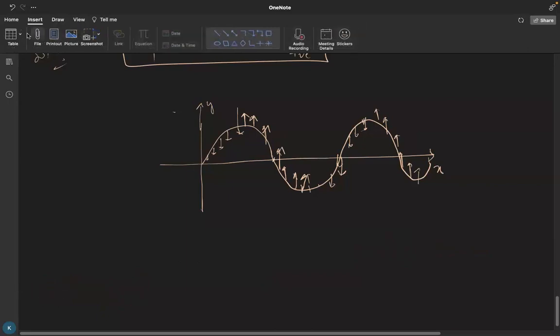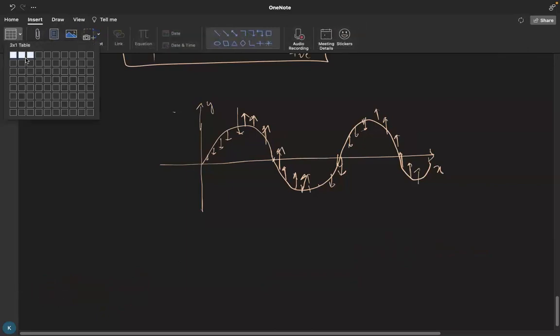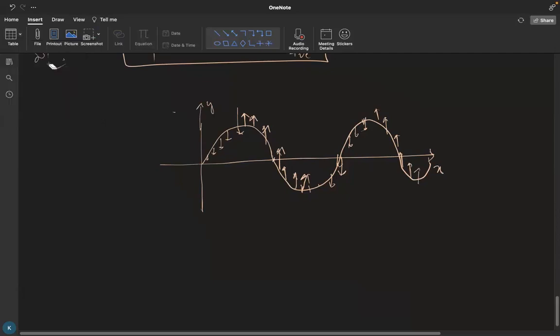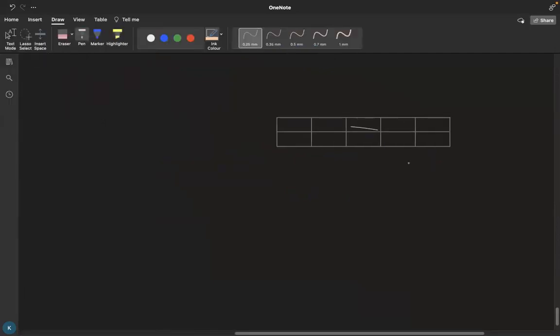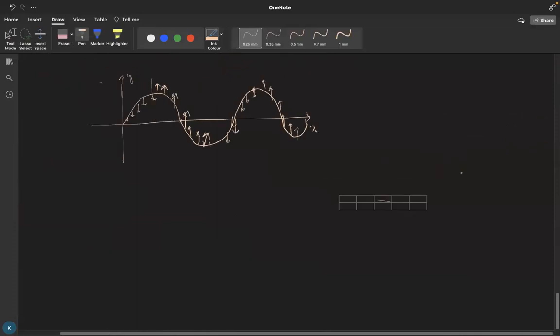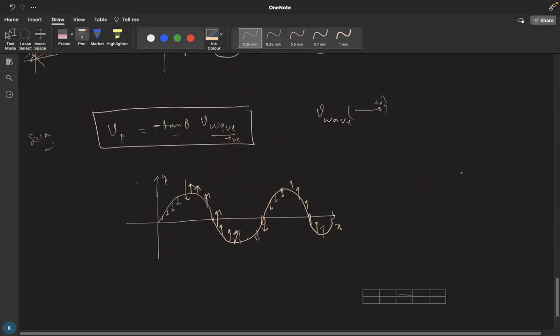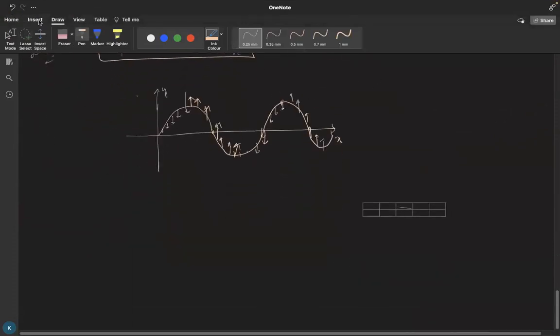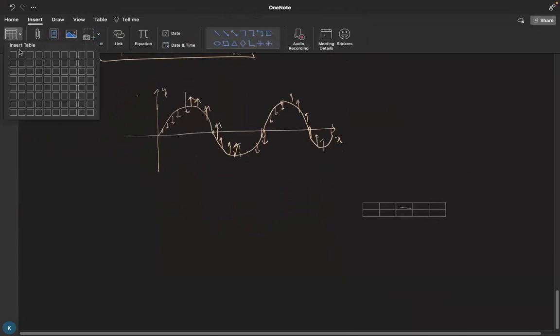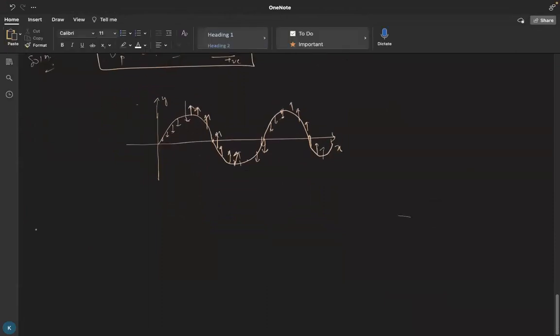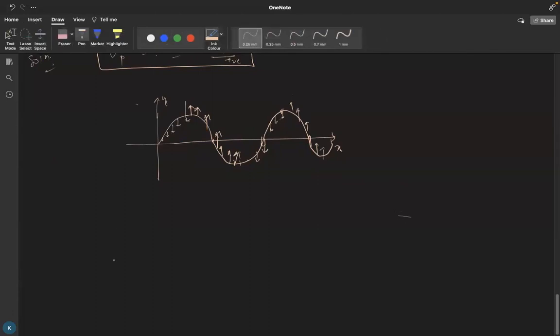I have to insert a table with slope, and I think five rows. It has become hectic to write on the right hand side, so let me draw it here by my own.